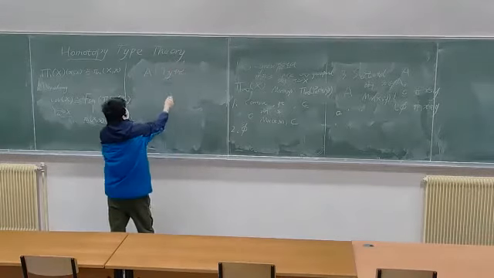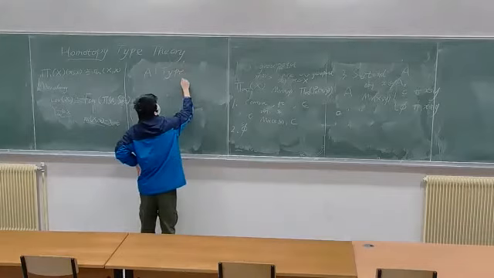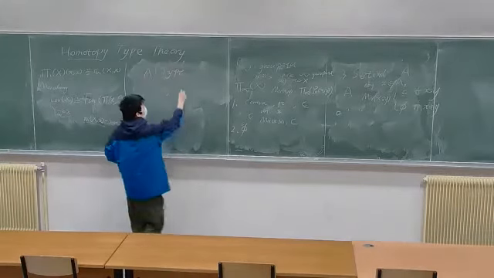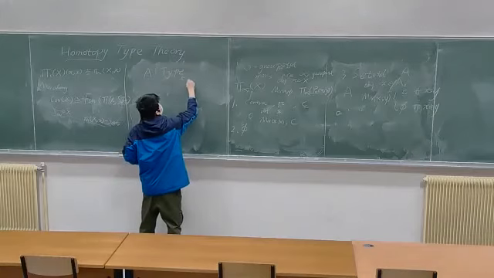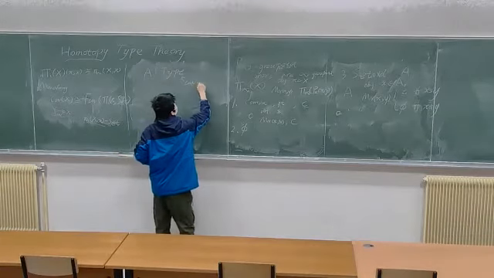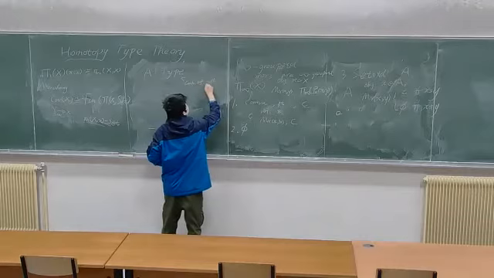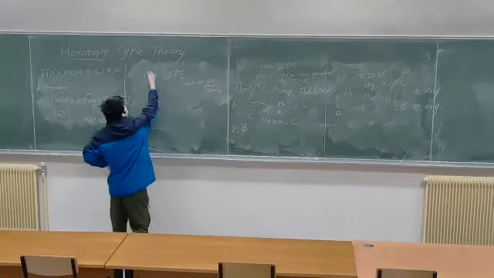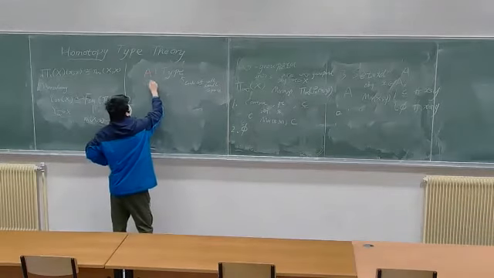So we use this notion, like this is a type of small types, or you can say it's a category of small spaces. And so this is the type A.